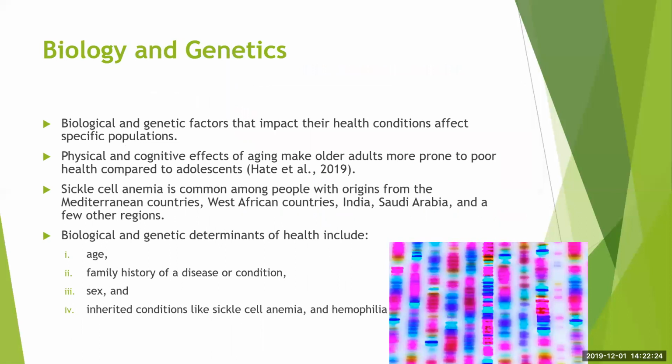Biology and genetics. Biological and genetics factors that impact your health condition affect specific people. Physical and cognitive effects, the aging, make older adults more prone to poor health compared to adolescents.